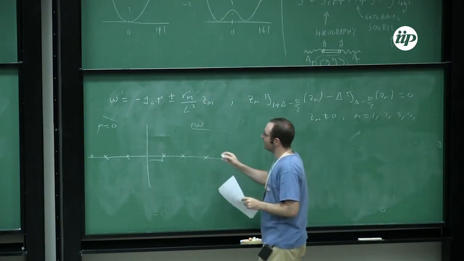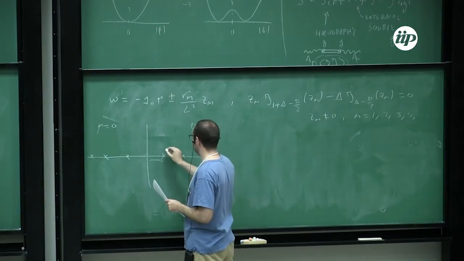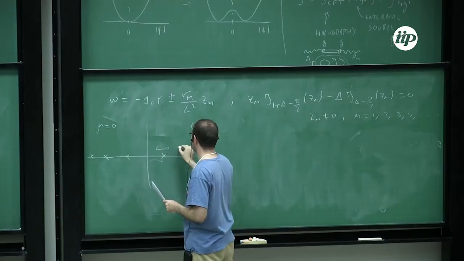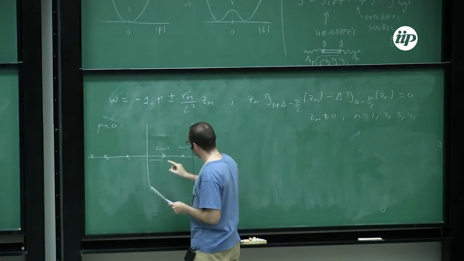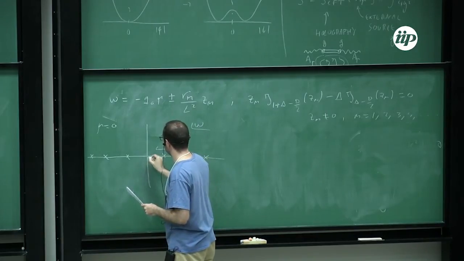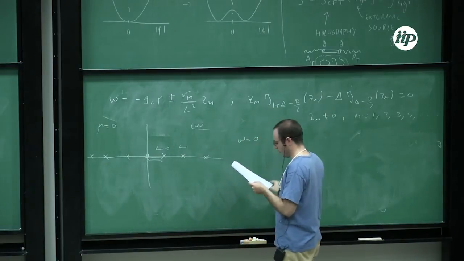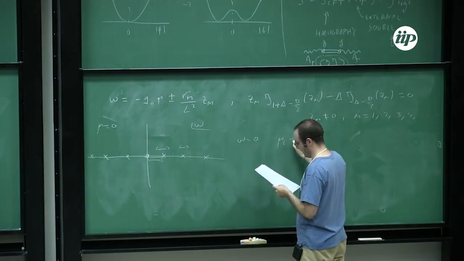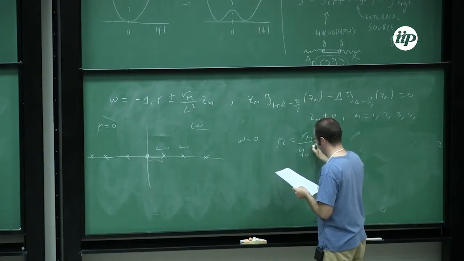Now, if you change the value of the chemical potential, these modes will move, right? So you can actually make the first mode, the one that is closer to the origin, move all the way to the origin. So you have a solution for zero frequency at some critical value of the chemical potential, which is given by this expression.